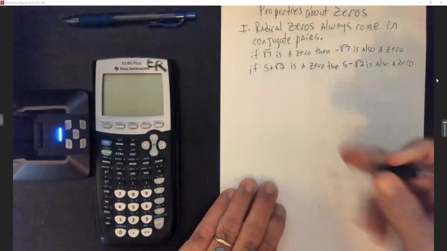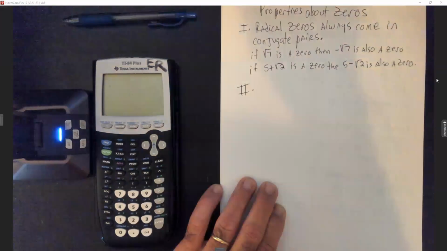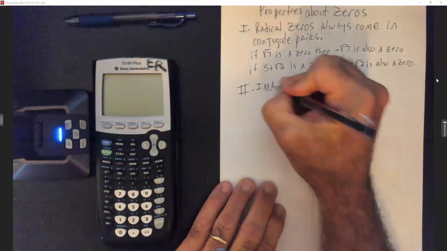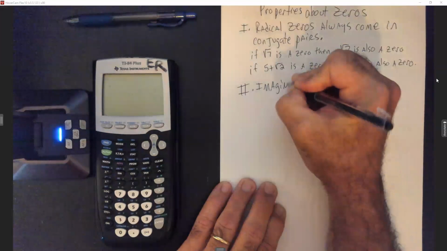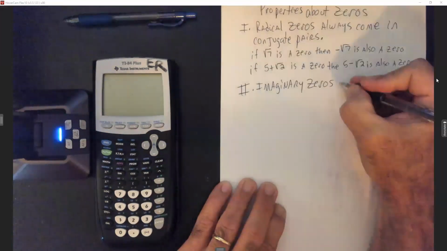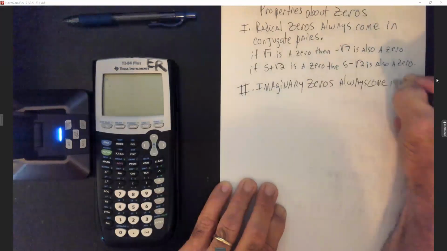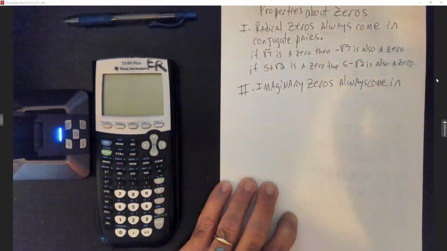All right, so guess what? Imaginary zeros always come in conjugate pairs.